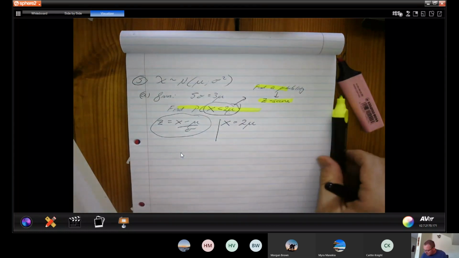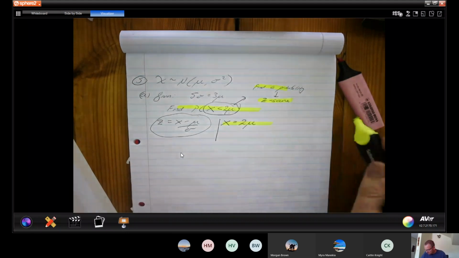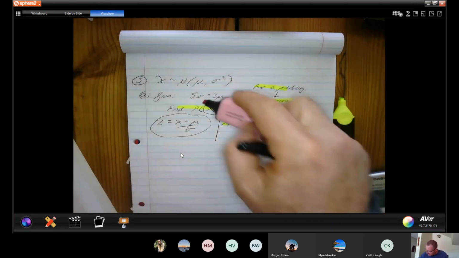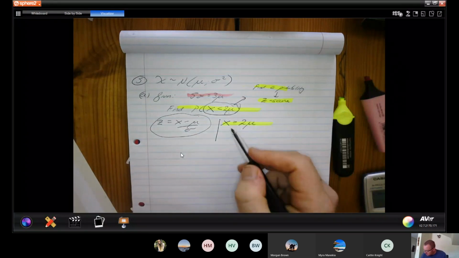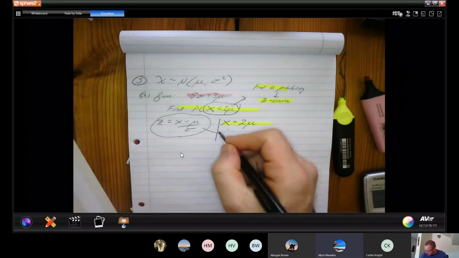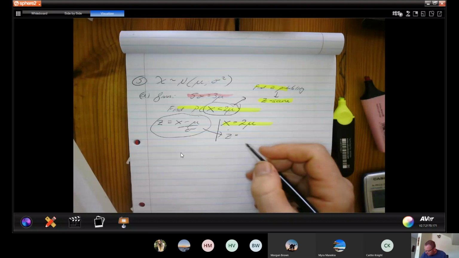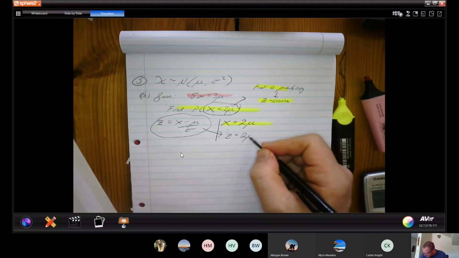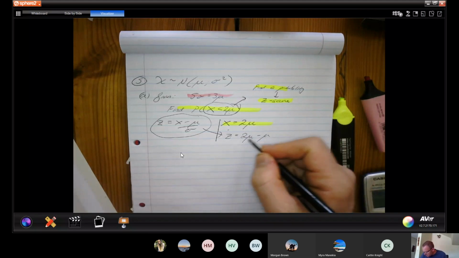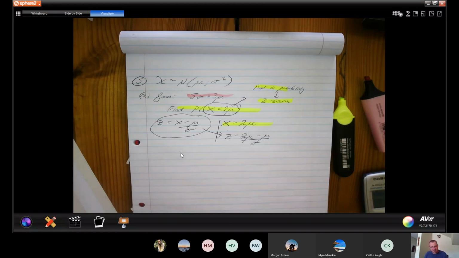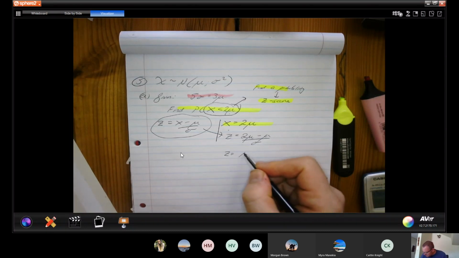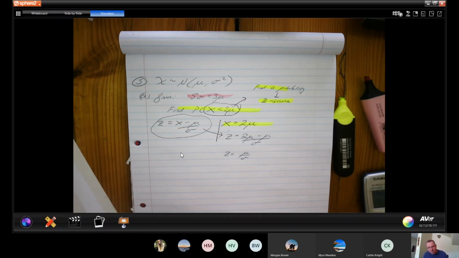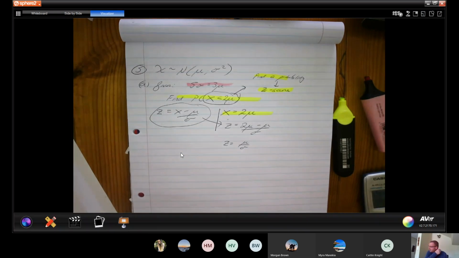And we know that x is equal to 2 mu. And we also know that 5 sigma is equal to 3 mu. So if x is equal to 2 mu, and I use this formula, z is going to be equal to 2 mu minus mu over sigma. So z is going to be equal to mu over sigma.